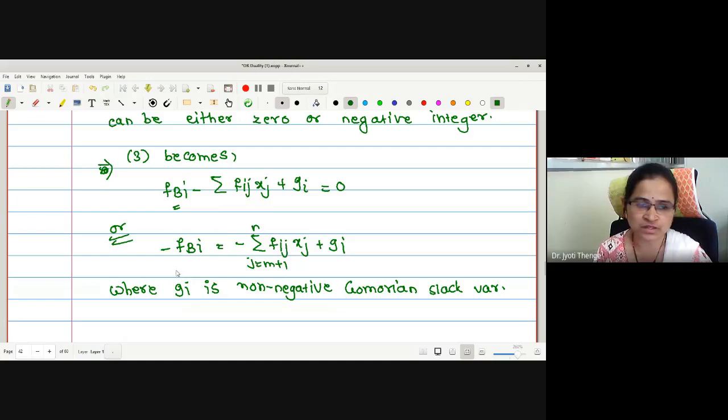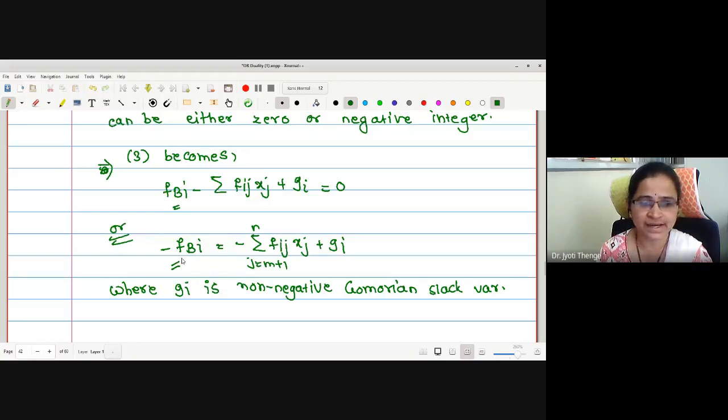If we look at this constraint, the right-hand side value is negative, which actually disturbs the feasibility of our given linear programming problem. And we know a method which will remove the infeasibility.